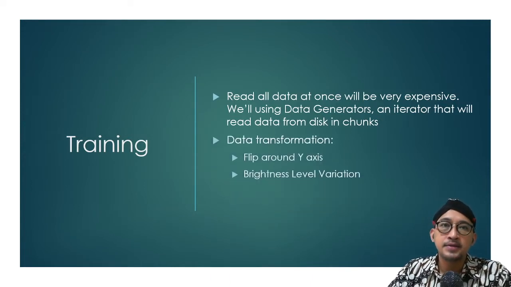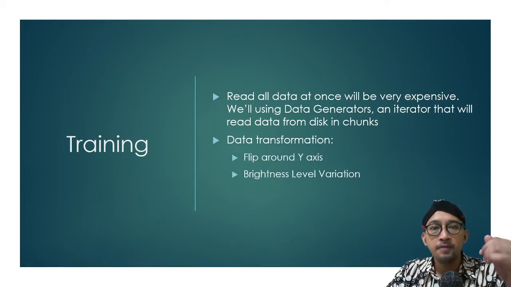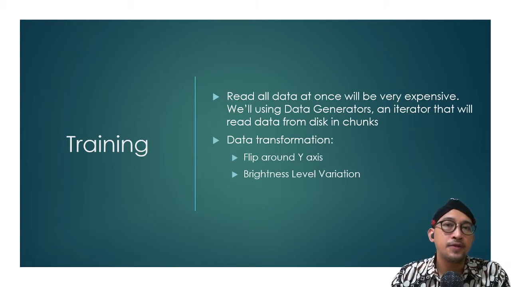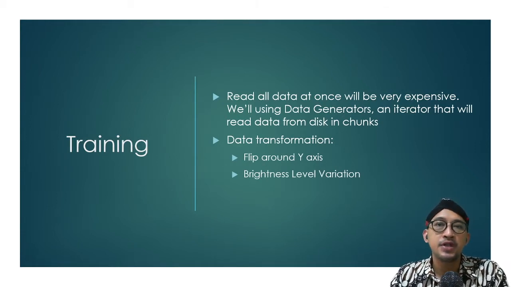And next, we're gonna apply some data transformation to create richer data. What we're gonna do is try to flip around the y-axis. As the car in a neighborhood environment is actually driving on a flat environment, there should be no significant y differences.